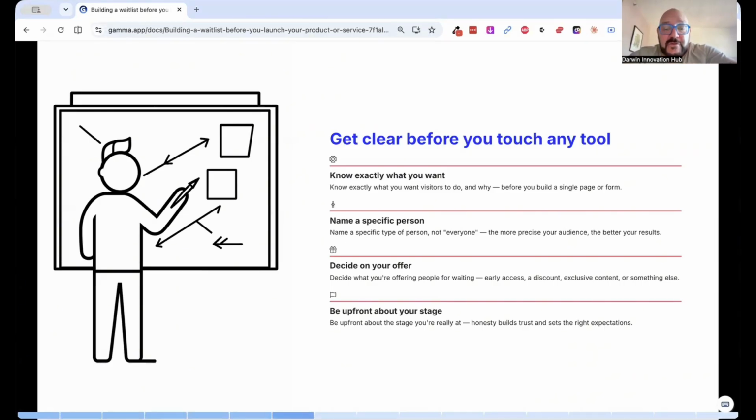Next thing, decide on what you're offering. What are you giving people for the privilege of giving you their email information? They're waiting for this. They're not buying it straight away. There's no reward for them that's implicit in what they're doing here. So what are they getting? Early access? Some kind of exclusive lead-up content? Discounts? What are you giving them in order to give you that email address or any other information really early? So think about that.